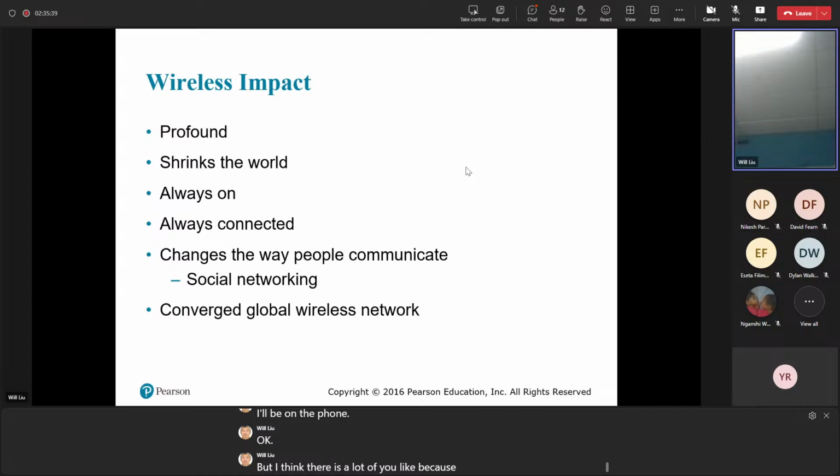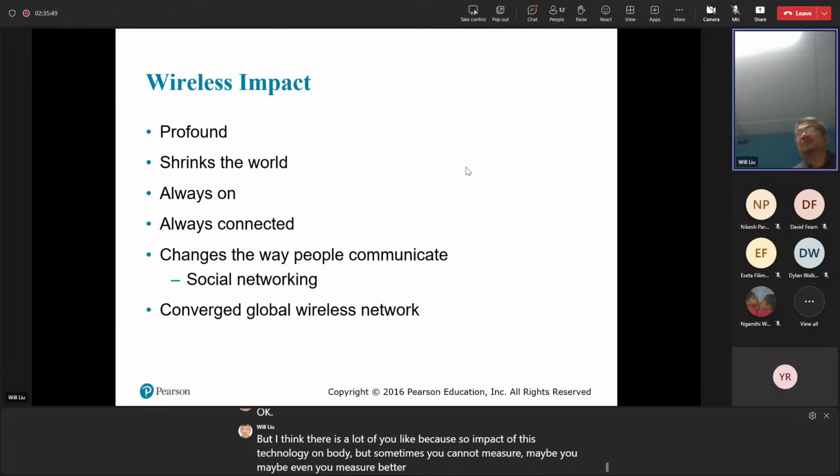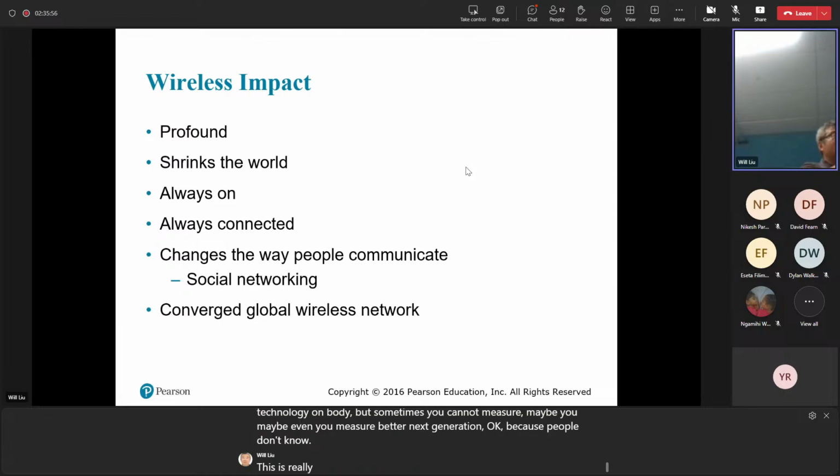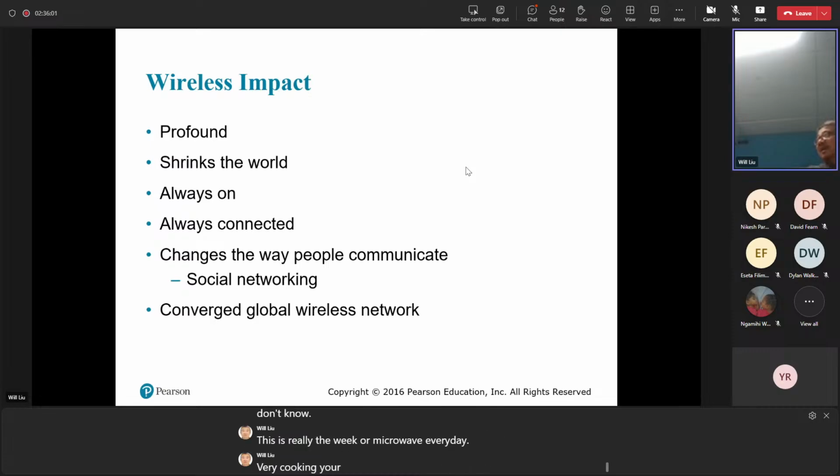That's true, because there is a lot of electronics. The impact of this technology on the body sometimes you cannot measure. Maybe you can only measure it in the next generation. It's like a small microwave every day cooking your heart. Maybe one day it's okay, but 10 days, 1 year, 10 years, 20 years, 30 years, something could happen.